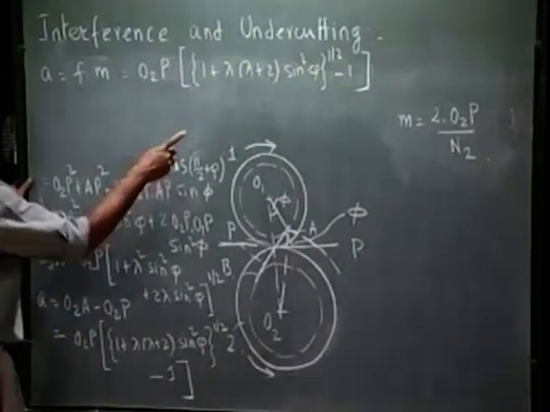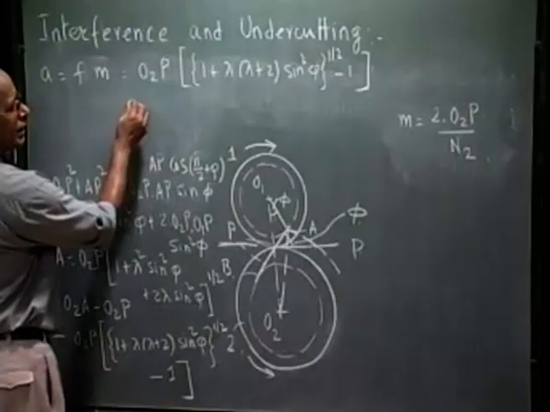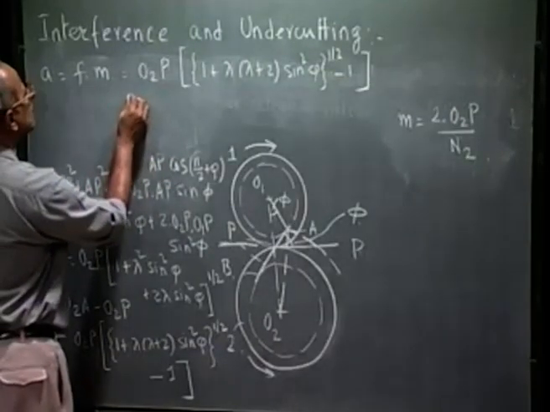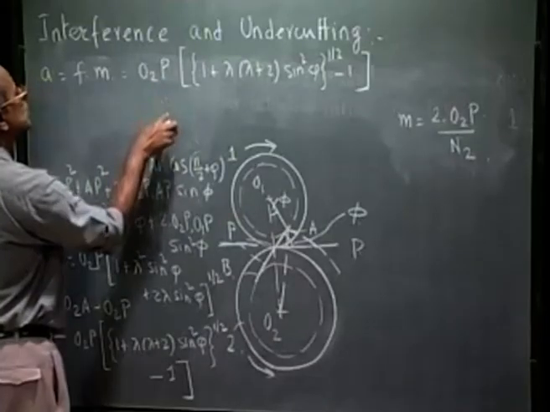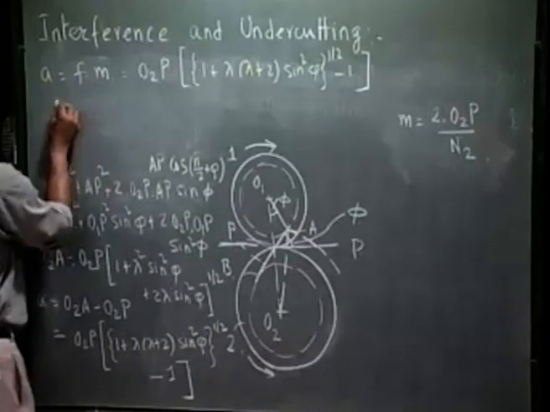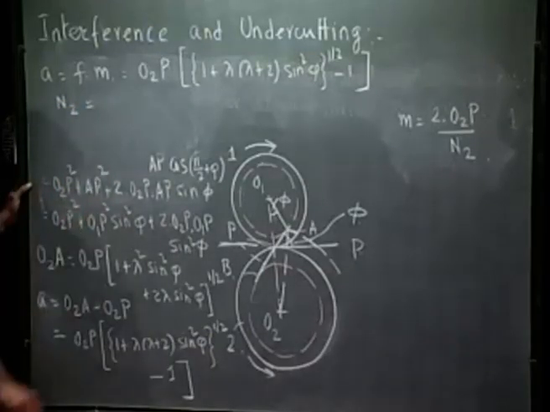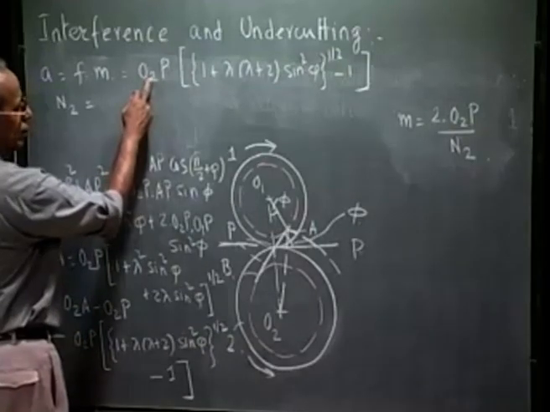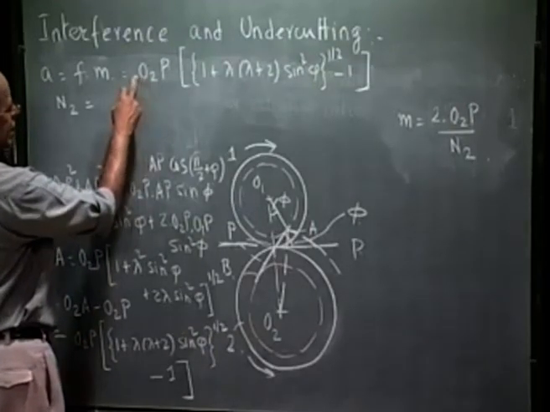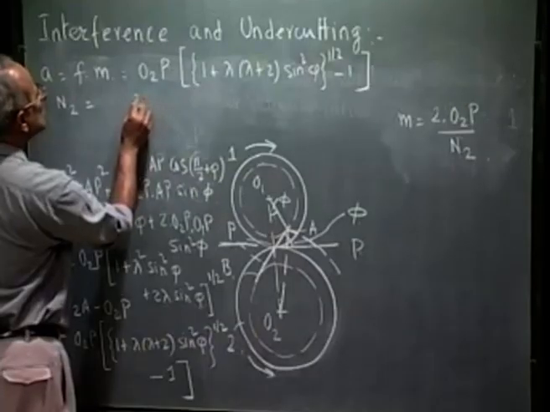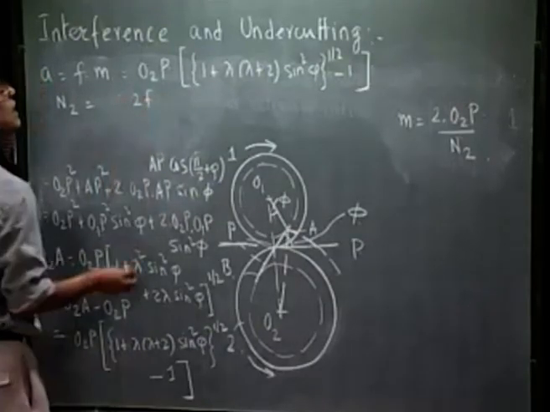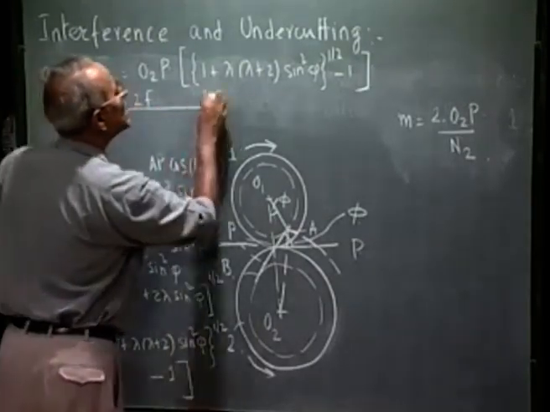So, this O2P I can write as Mn2 by 2. If I write Mn2 by 2, it cancels, so I get N2 is, with O2P written as Mn2 by 2, 2F divided by this expression.